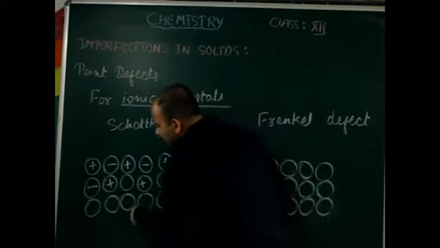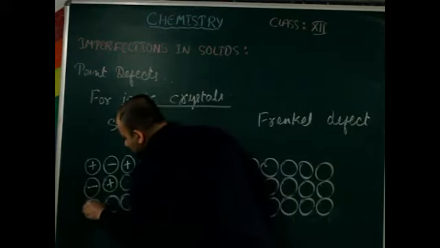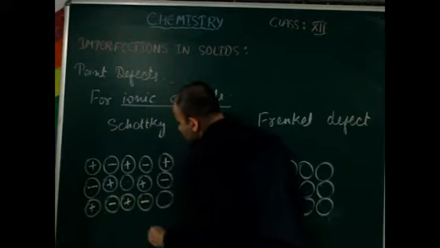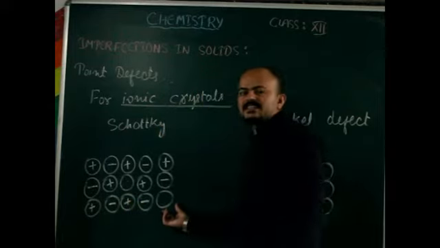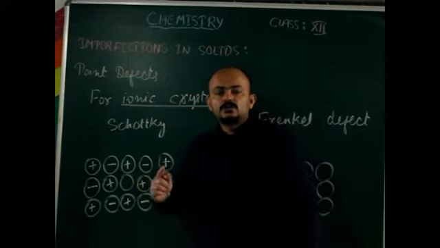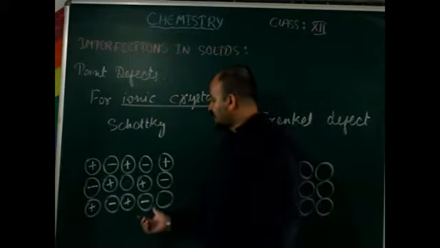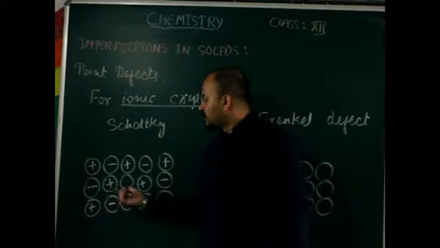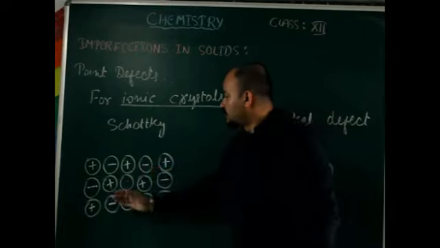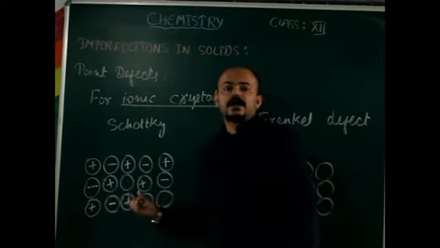And from another row, what will happen? This is supposed to be positive, this is negative, this is positive, this is negative, and this positive once again is not occupied. So what can you see? Here, an equal number of positive ions and negative ions will leave this crystal system. Their positions won't be occupied.